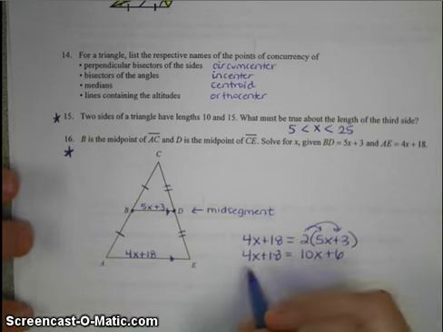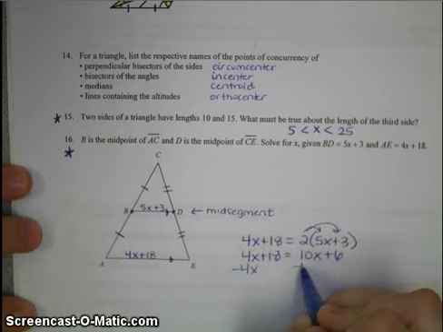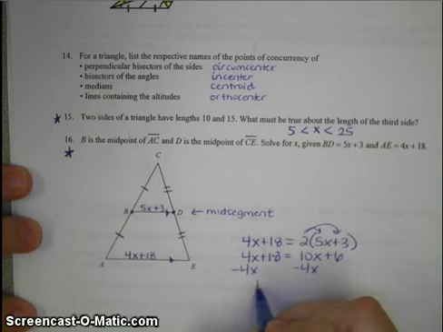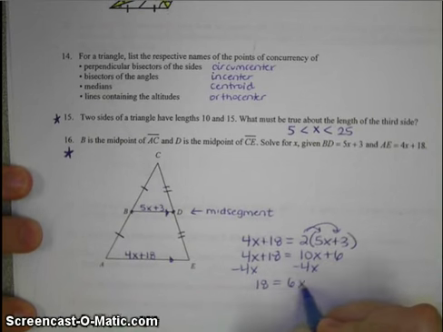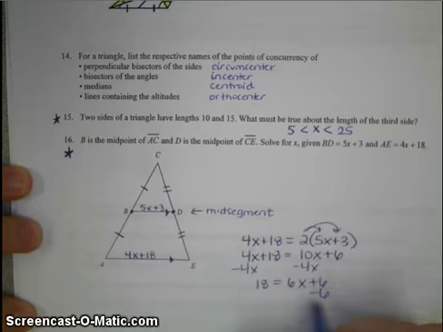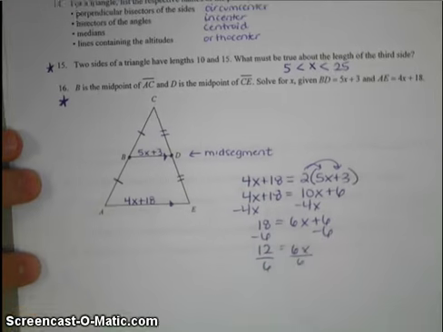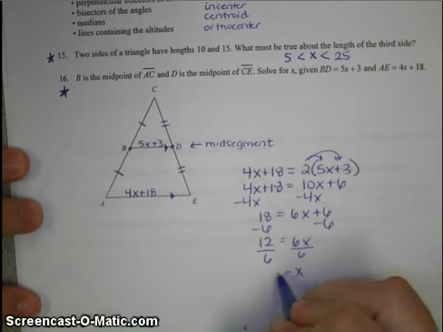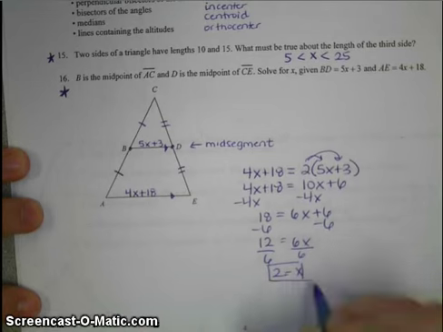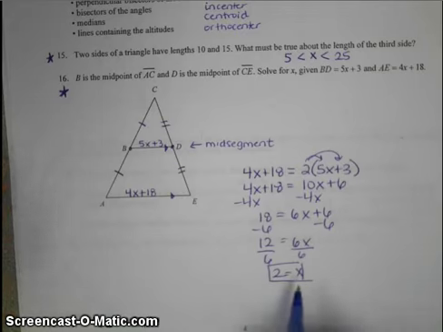Now I'll combine like terms, so I'll move 4x to the other side. Subtract 6. Alrighty, and they just asked us to solve for x, so we are all set.